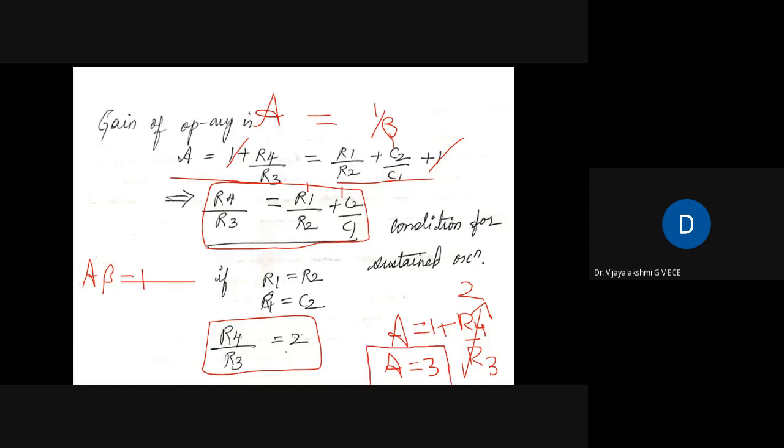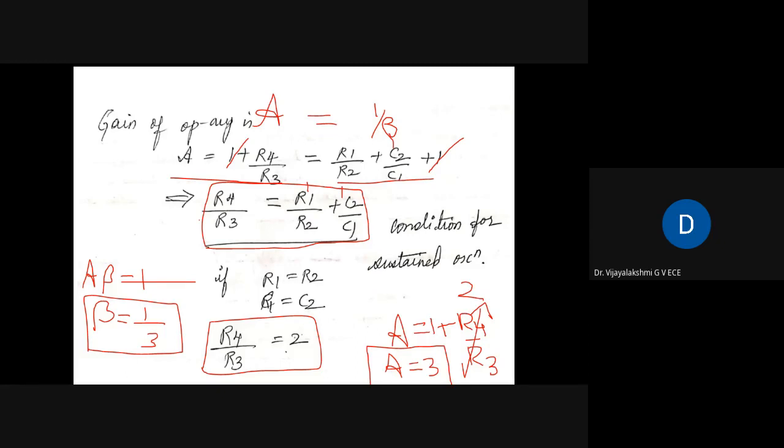So for a Wien bridge oscillator, the amplifier we use should have a gain of 3. And if A is 3, what is beta? Beta is equal to 1 over A, so beta is 1 over 3. In turn, A into beta is equal to 1. So that's how we have reached the condition for sustained oscillation.